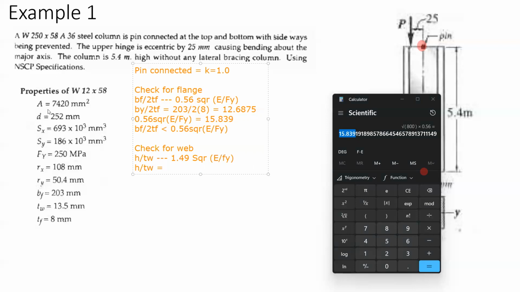H is 252 minus 2TF, 252 minus 2 times 8. This is 236.